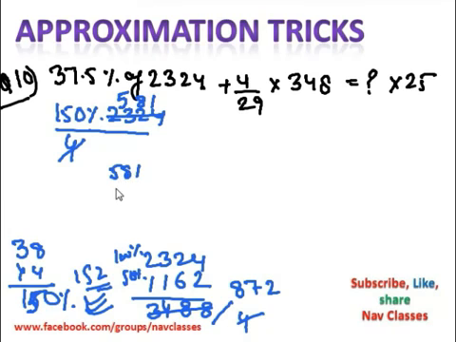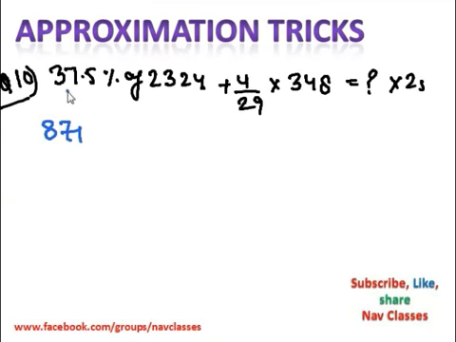The half of this: 100% is this much, half is 50%, then that would be 17, 1 carry forward, and then 871.5. You can definitely take 872 or 871. So this is your choice, whatever option you are following.